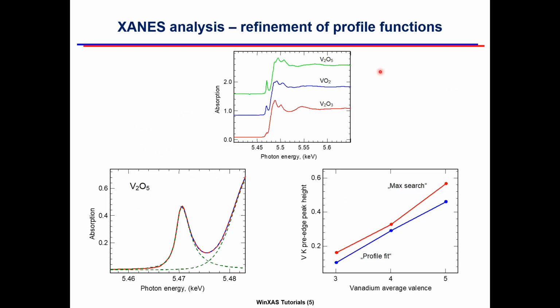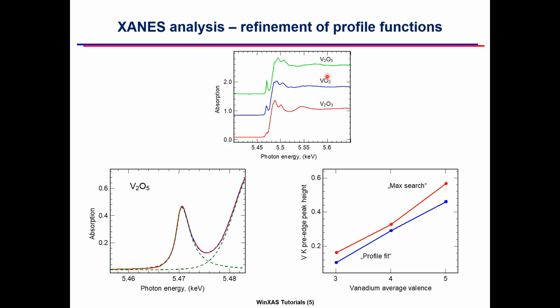The effect of two different procedures is shown here for vanadium oxides. At the vanadium K edge, the XANES spectra of various vanadium oxides exhibit a characteristic pre-edge peak where the peak height scales with the average valence.